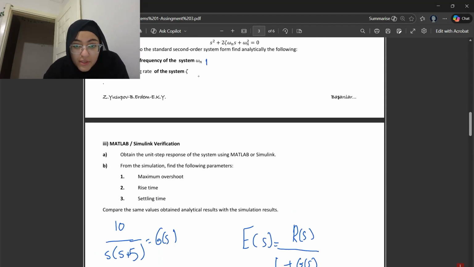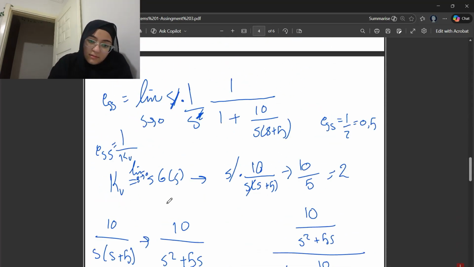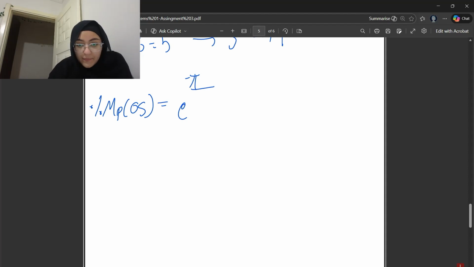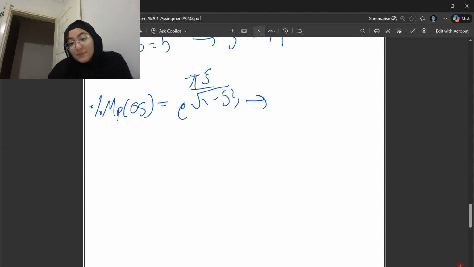Then what else do we need to find? We found the frequency of the system, we found the zeta. Let's also find the maximum overshoot, rise time and settling time. It's easy. The maximum overshoot percentage equals e to the power of minus pi zeta over root of 1 minus zeta squared, multiplied by 100.